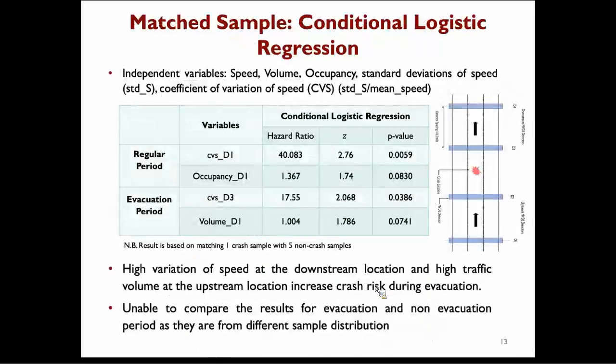Now typically for this type of case control study, they use a model called conditional logistic regression. So we used the same model and we created some independent variables. For example, in addition to speed, volume, and occupancy, we used the standard deviation of speed and the coefficient of variation of speed. We compared our results with previous studies, and similar variables were identified as significant for the likelihood of a crash.